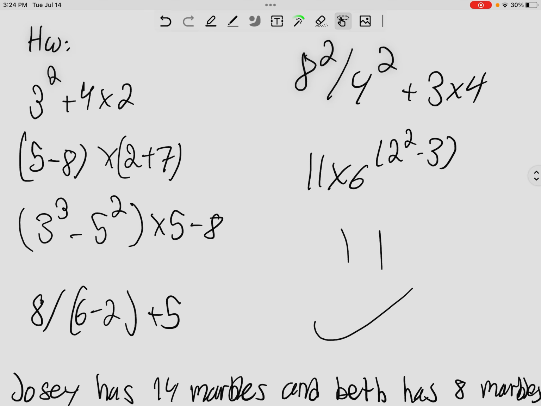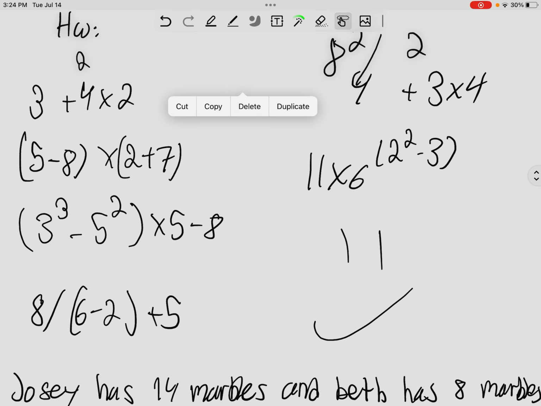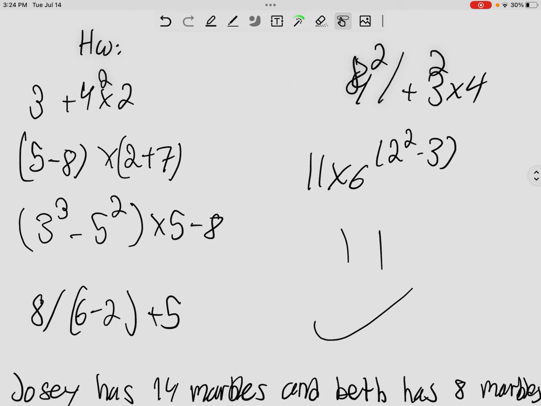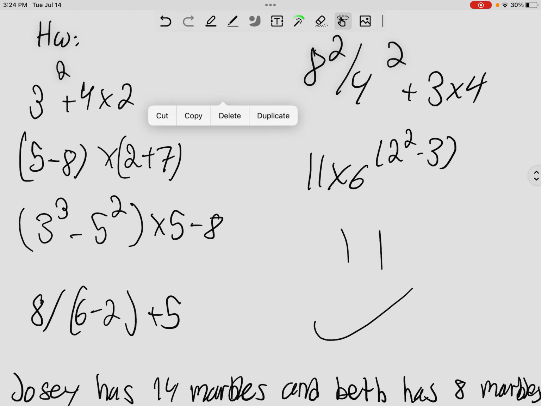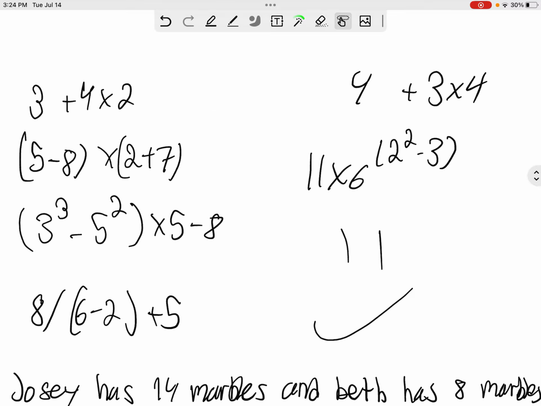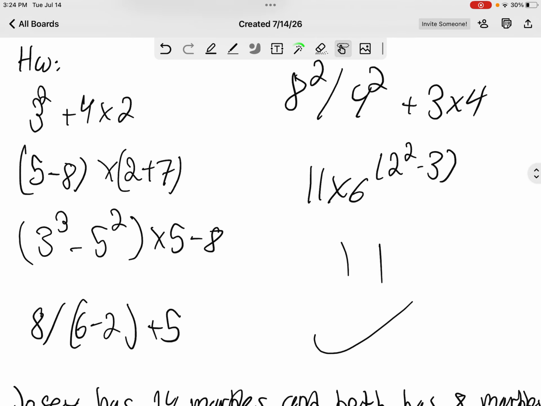So I'm not willing. Okay, I'll just cut. Okay, never mind, undo that. I don't like cutting it.